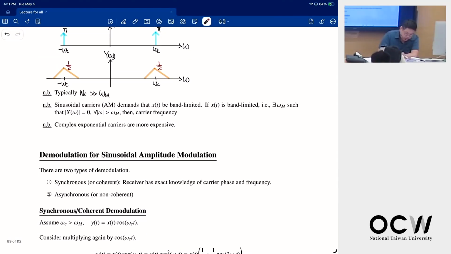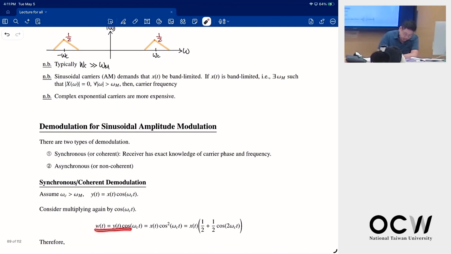So we assume that the carrier frequency is greater than your bandwidth, and your output is your x times cosine. So if we multiply by cosine again, that means there will be x cosine squared.